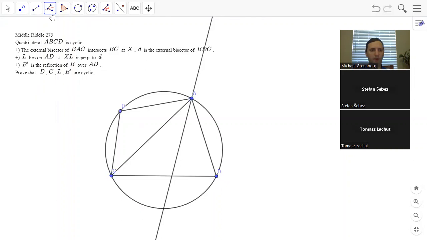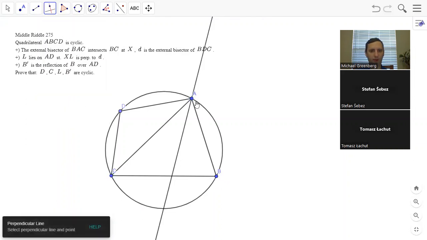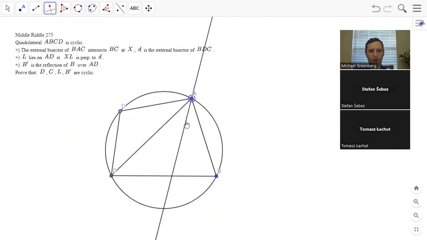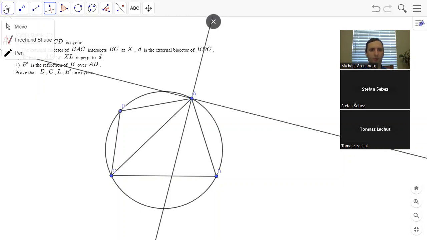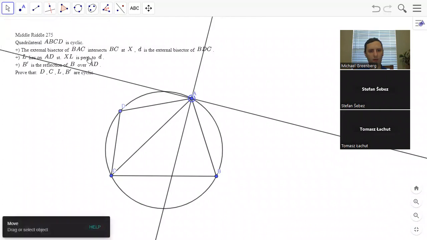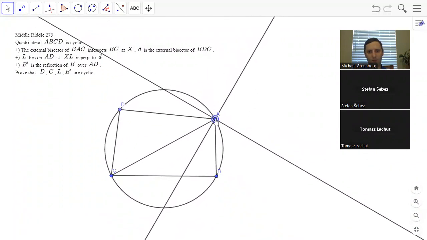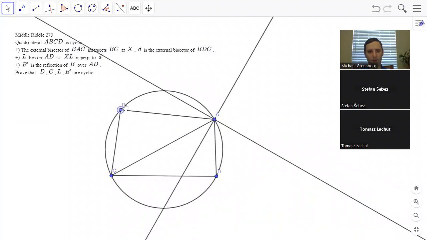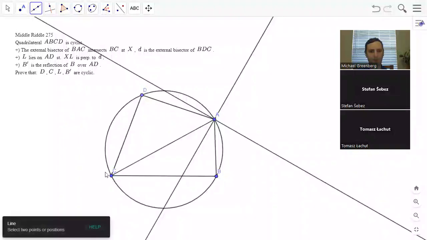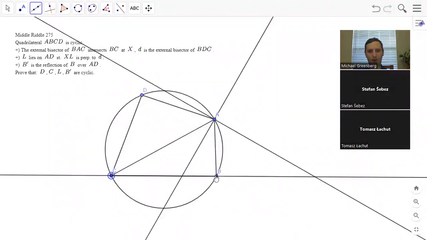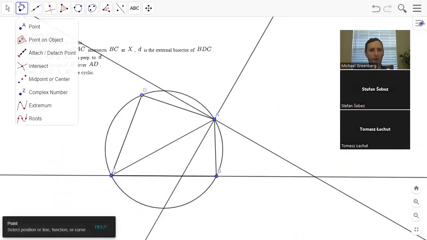There's the internal bisector. Here's the external bisector. And it intersects BC at point X. Maybe I'll do it something like this. So this is point X.